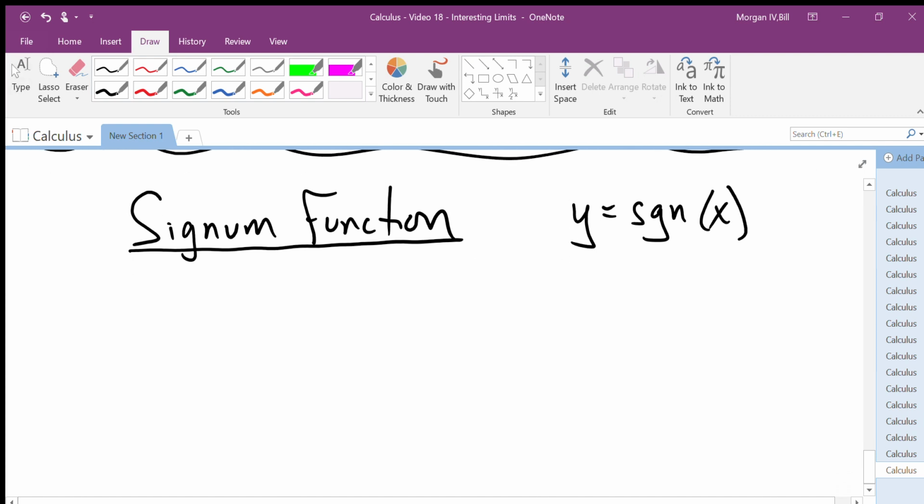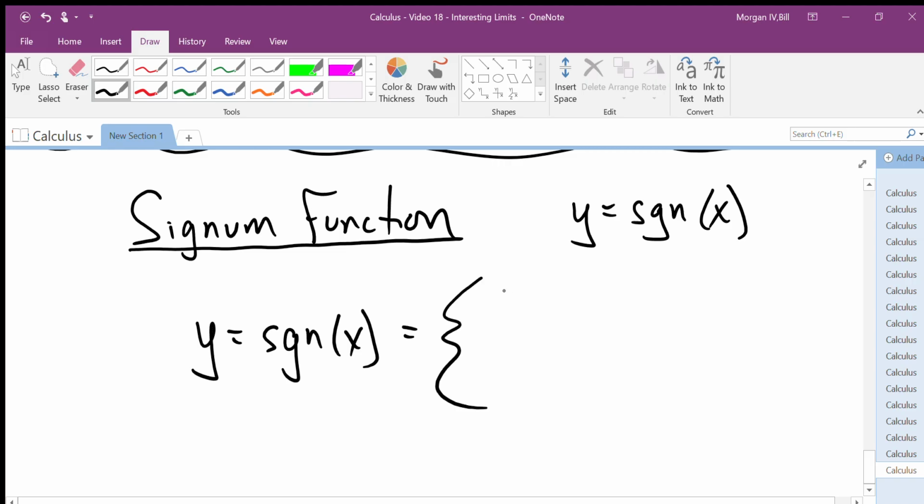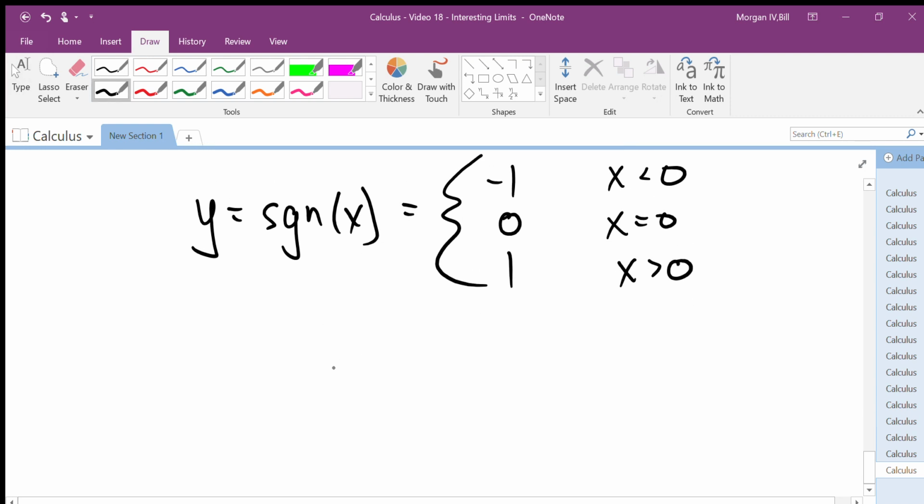And the signum function looks like this. Y equals the signum of x is a piecewise defined function that is negative 1 for all negative values of x, x less than 0, a y value of 0 if x is 0, and a y value of 1 if x is greater than 0. It ends up looking like this.